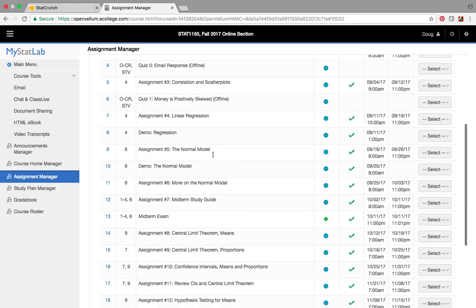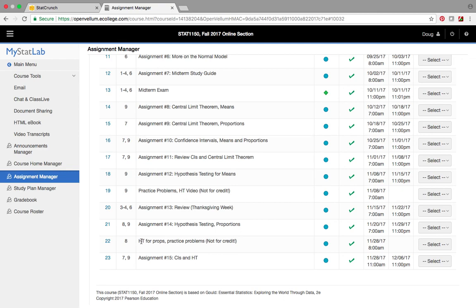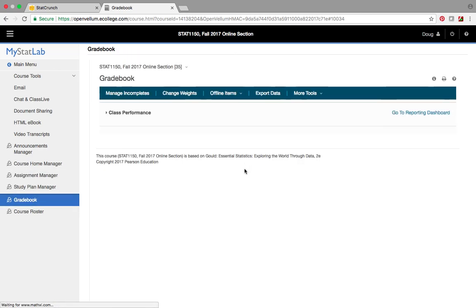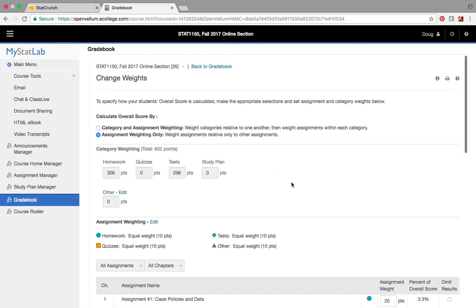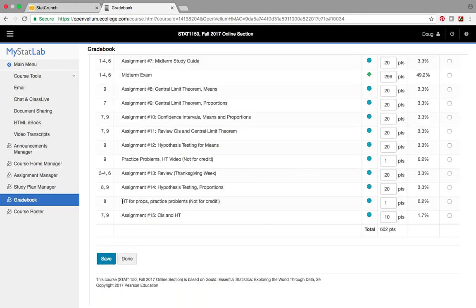But there's some confusion about these, like right there, there's a hypothesis testing practice problems not for credit. But guys, when I go to the grade book, and I hope I can do this without showing any grades. When I go to the grade book and go to change weights, it won't allow me to include that unless I give it a point value. And see, I already see right now that should be bumped up to 20. And that should be bumped up.